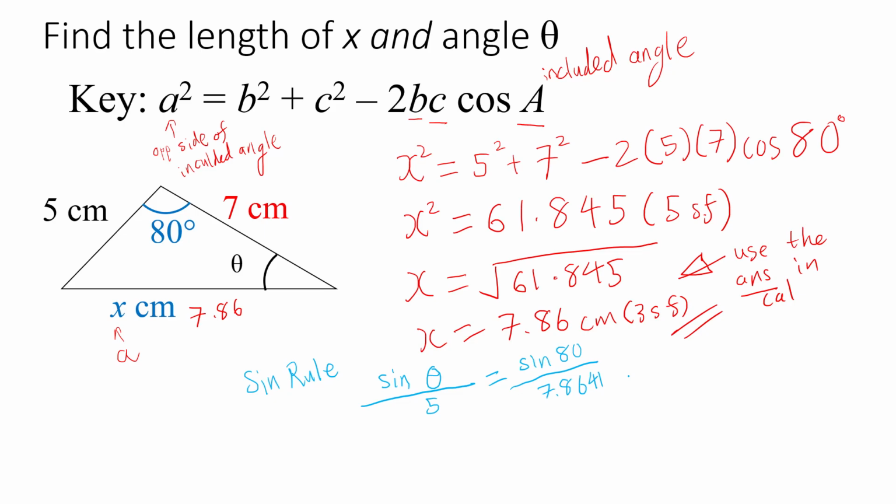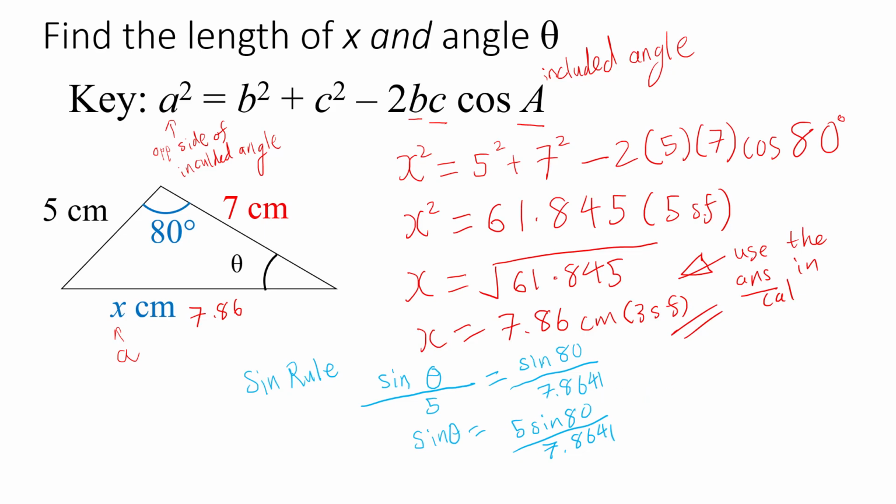I actually use the value that I got from the calculator. So very simple. Sine theta will be equals to 5 times sine 80 over 7.8641, because divide, move over becomes times.